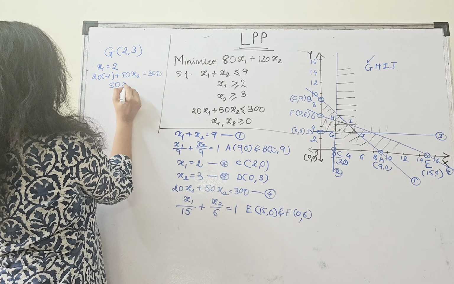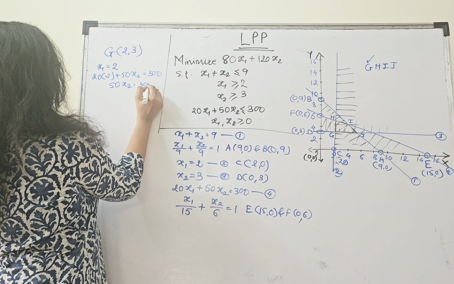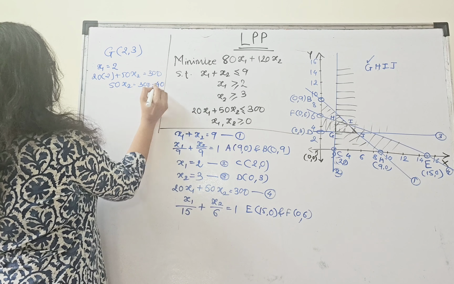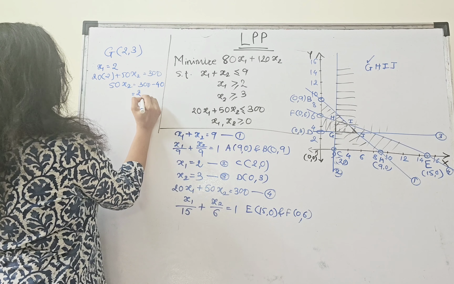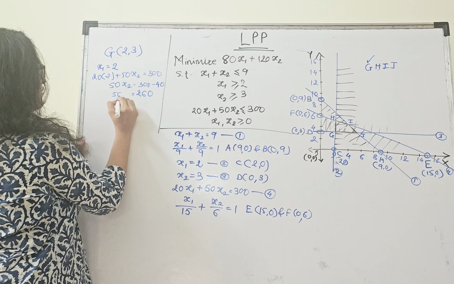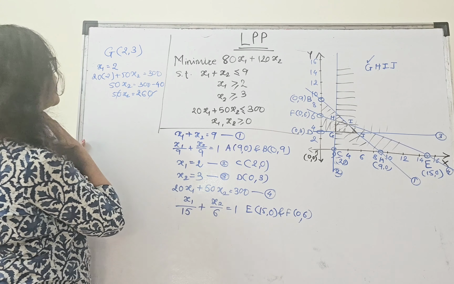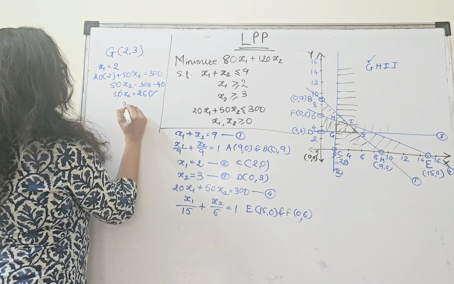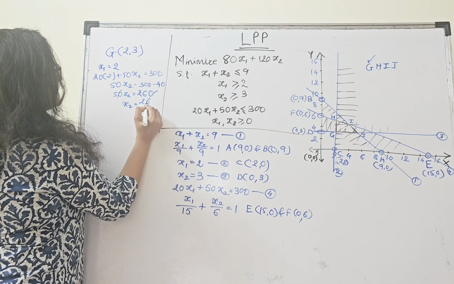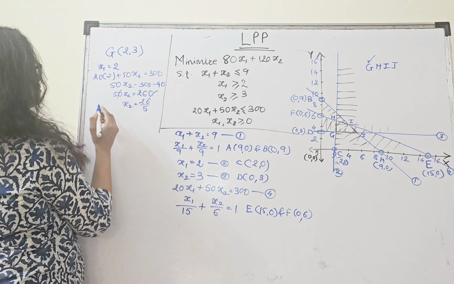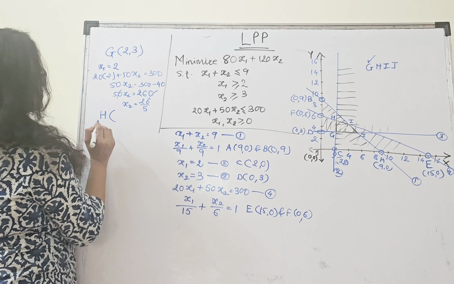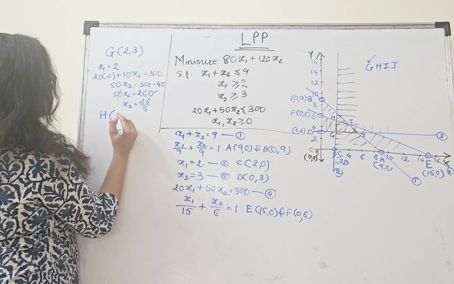So 50 x2 equals 300 minus 40. So this is nothing but 260, correct? 50 x2 is 260. So this is nothing but 26 by 5. The value of x2 is what? 26 by 5. Okay. So what is point H? For point H, x1 is clear, that is 2.